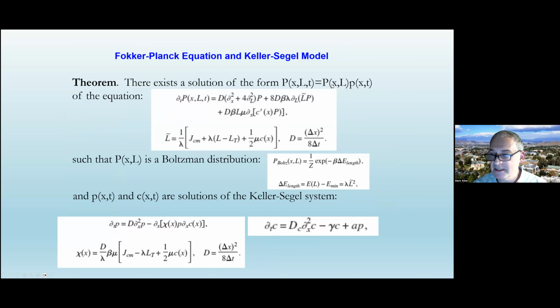One represents the distribution of lengths, and the other the distribution of positions of centers of mass of these cells. It's possible to substitute and separate the equations. And actually, the distribution of lengths is nothing else but the Boltzmann distribution. And the time dynamics of the density of centers of the cells actually satisfies the Keller-Segel equation.